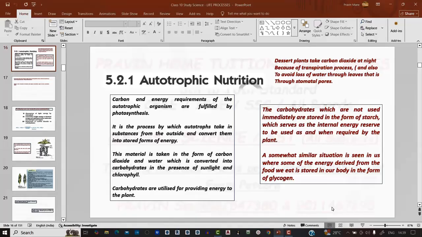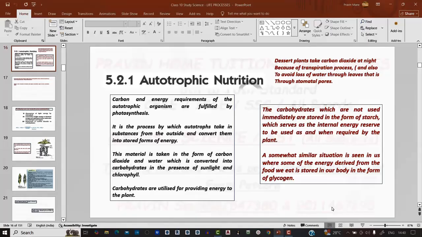Also, they produce food for heterotrophs. Autotrophs fulfill their need of carbon and energy by the process of photosynthesis. Photosynthesis is the process in which autotrophs take in substances from the outside and convert them into a stored form of energy.